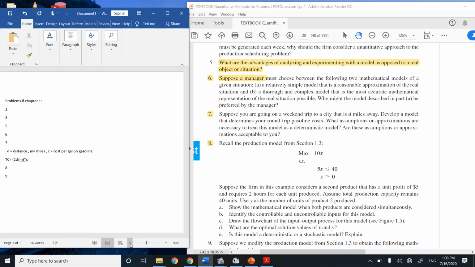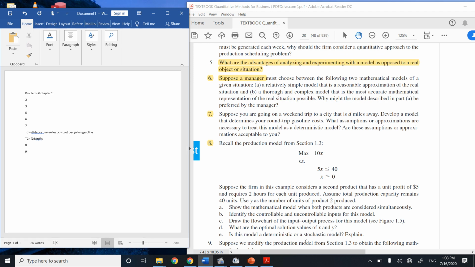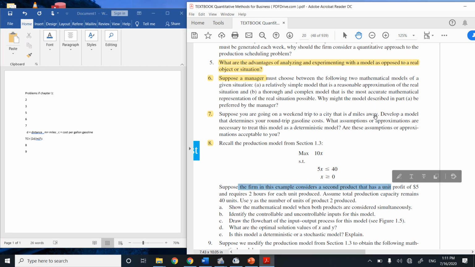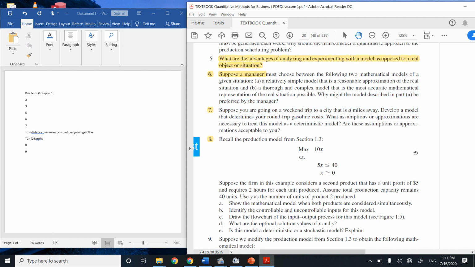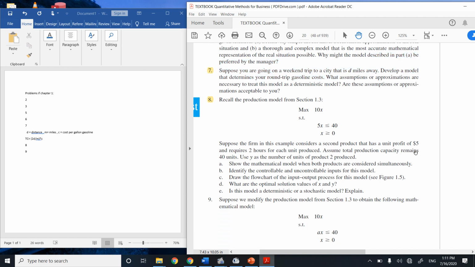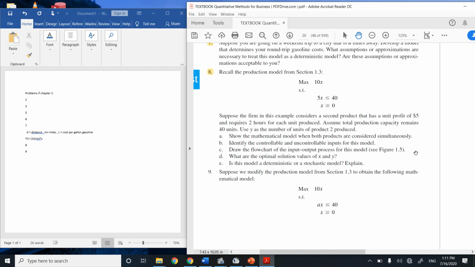I will do it in another way. Okay then, I'll make both 8 and 9 to be your assignment, or your first homework.